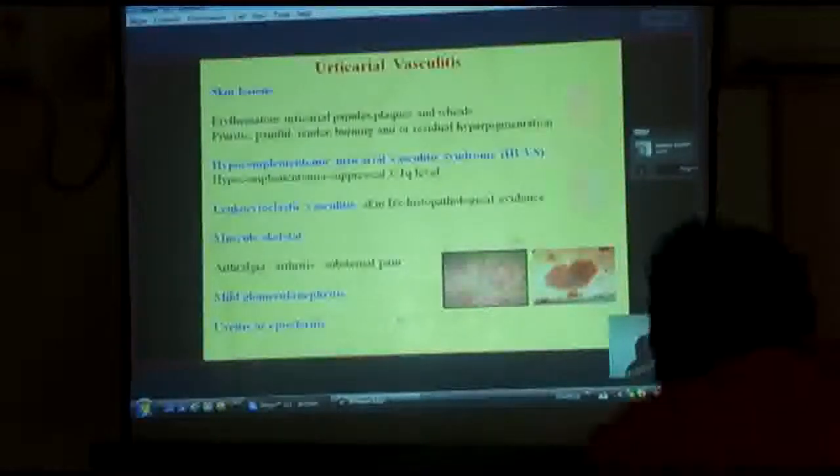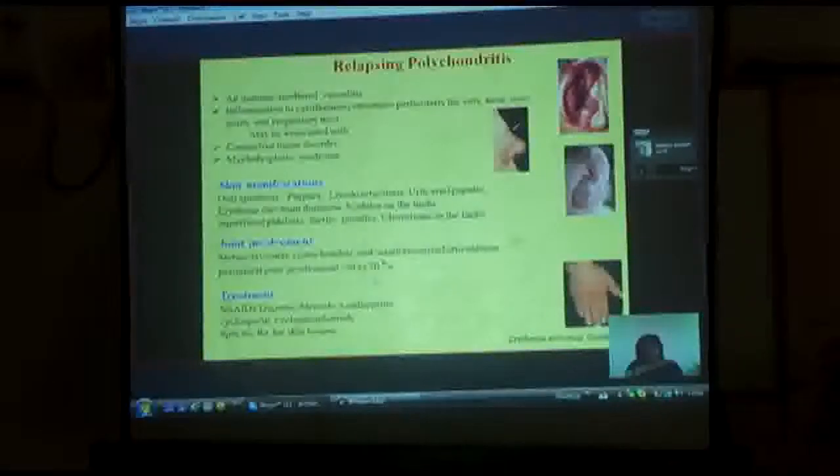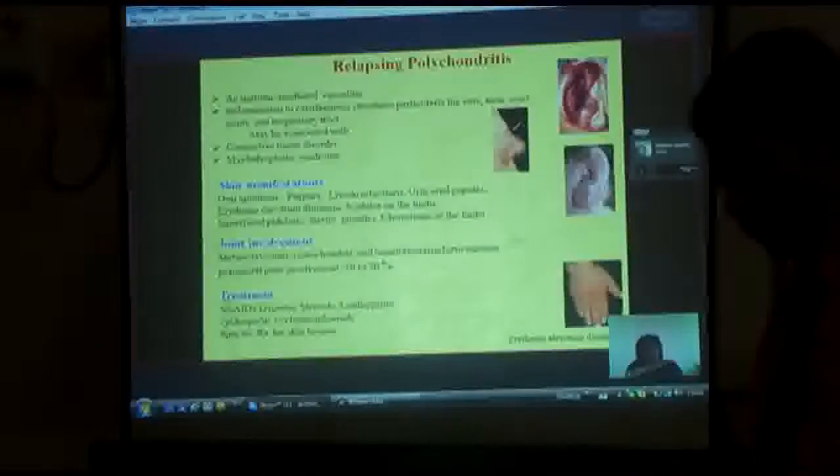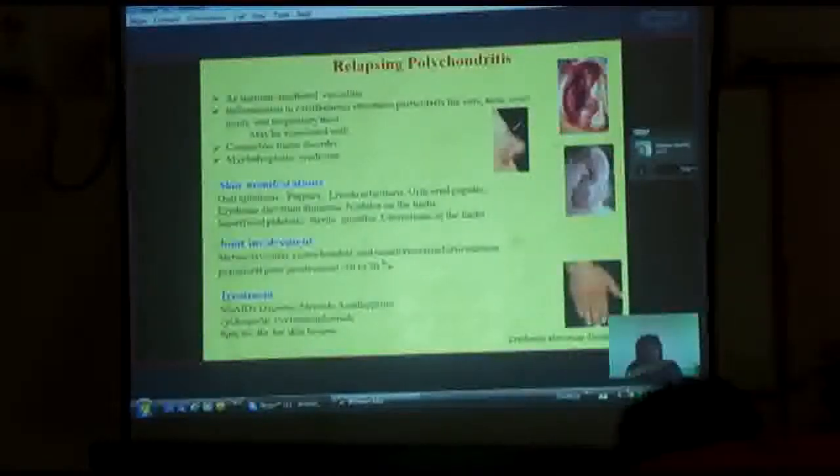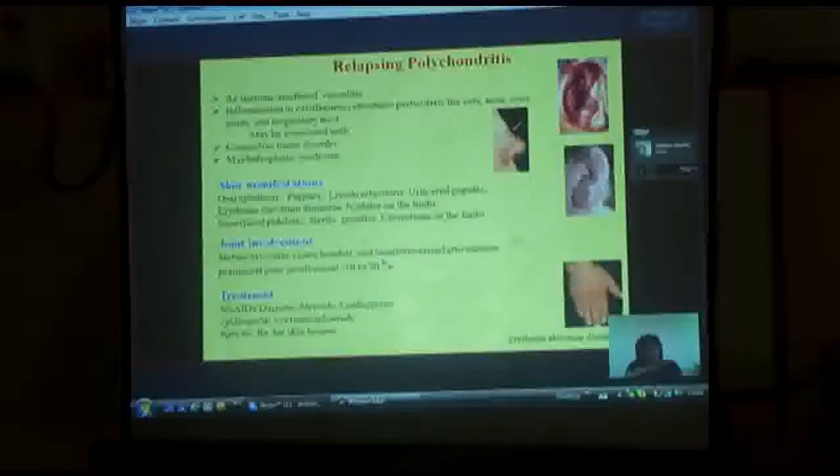Relapsing polychondritis is an immune-mediated vasculitis where there is inflammation in the cartilaginous structures affecting the ears, nose, eyes, joints, and respiratory tract. It may be in association with connective tissue diseases and myelodysplastic syndrome. Skin manifestations are several, starting off with oral ulceration, purpura, livedo reticularis, and urticarial papules.